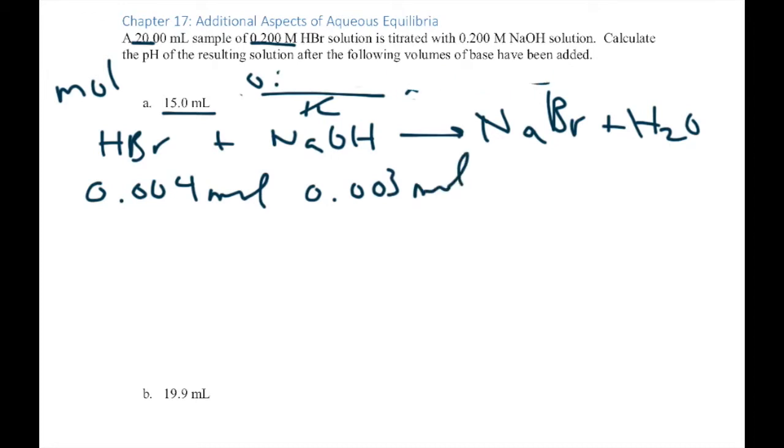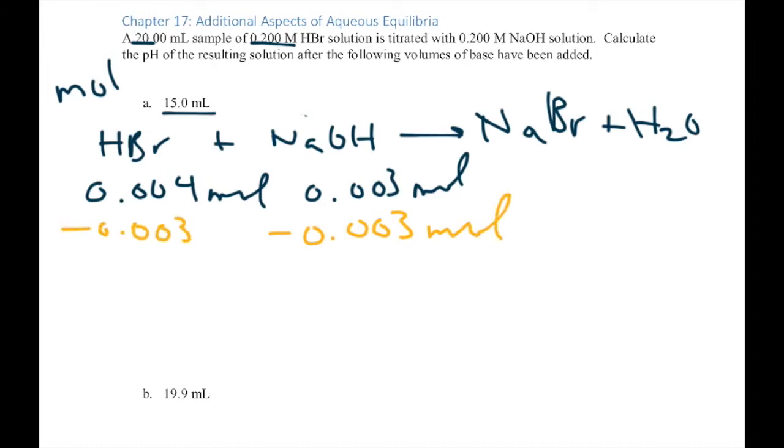So maybe for some of you this brings back the memories, maybe for some others the nightmares, of stoichiometry. So we need to figure out what is the hydrogen concentration remaining in solution after we've added the base. So we need to figure out the limiting reactant, and the limiting reactant will be the base. So we will have some H plus left in solution. So we're going to run this to completion, so we need to subtract all the moles that we added of the base.